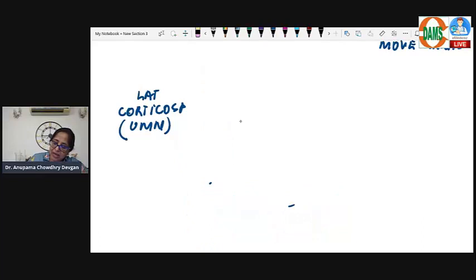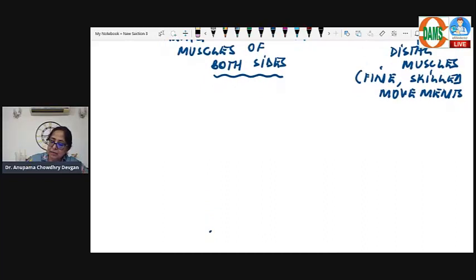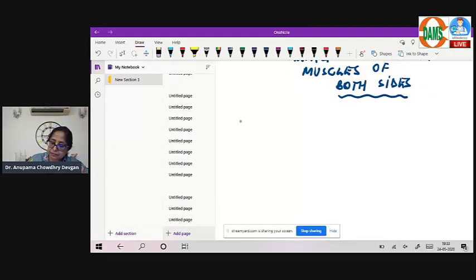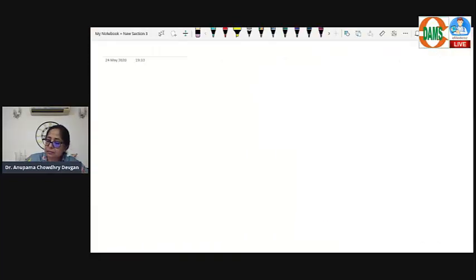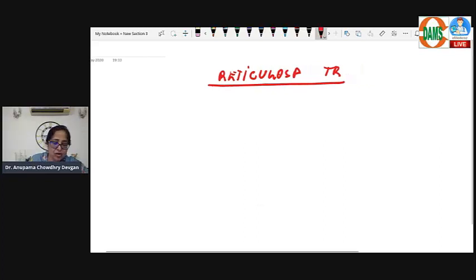Now, when we look at the reticulospinal tract, there are two types: there is a pontine tract and there is a medullary tract.